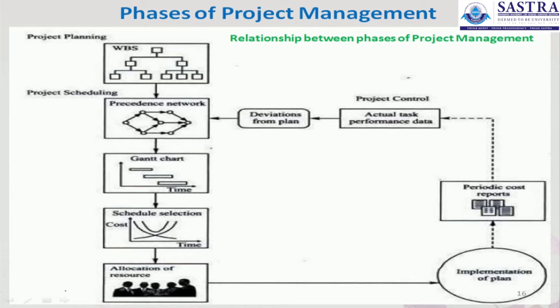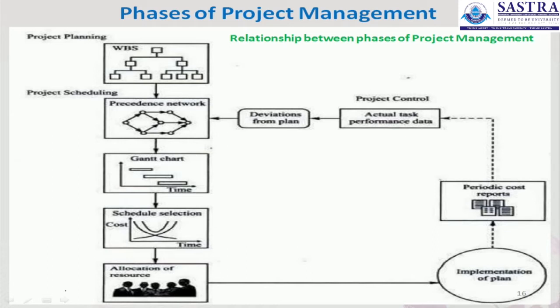Through the critical path method, we have to get the shortest duration and minimized cost. So, this happens through the precedence network and the Gantt chart. After the Gantt chart, we have to schedule the selection cost and then the allocation of resources. So, everything has to be implemented, periodic cost reports will be there, and finally we get the project control phase, where the actual task performance data is there.